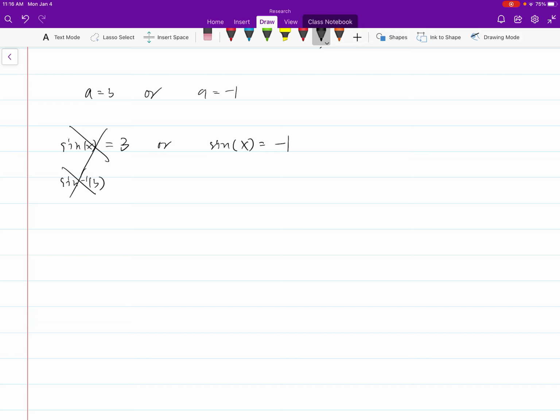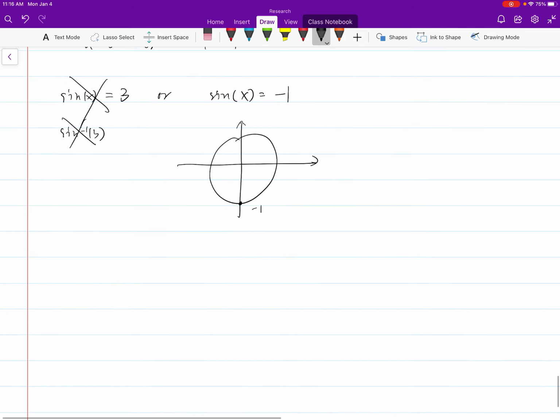Not possible. What's the value of sine inverse -1? Only one choice. This is the only case when you only have one answer. Every other case, you have 2 answers. So that is going to be happening here. At the extreme values of 1 and -1, you only have one answer.